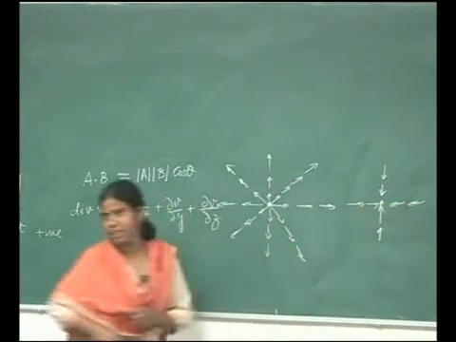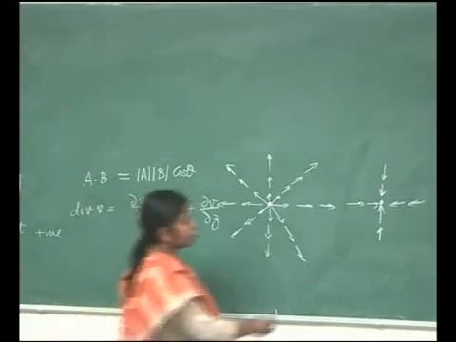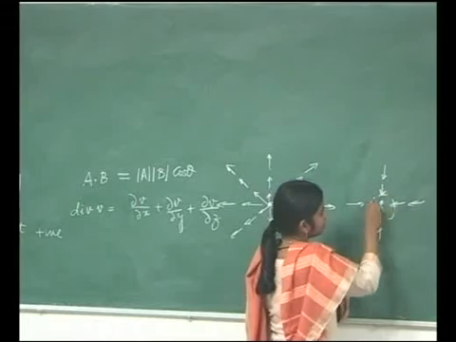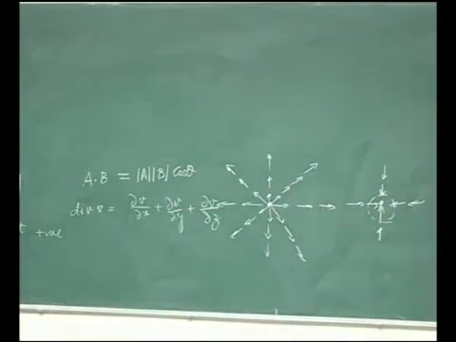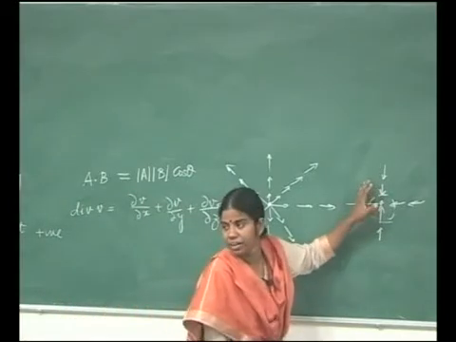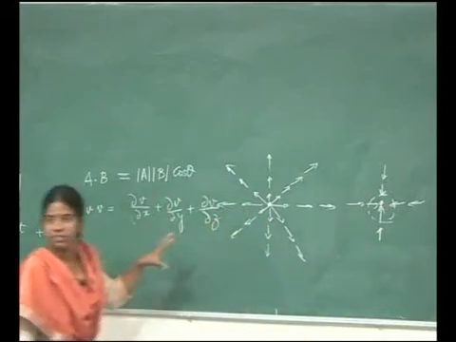And this signifies negative divergence, because if I draw an arbitrary circle here, I see that a lot of vector fields are going in, but nothing is coming out. So this signifies a negative divergence, and this would signify a positive divergence.